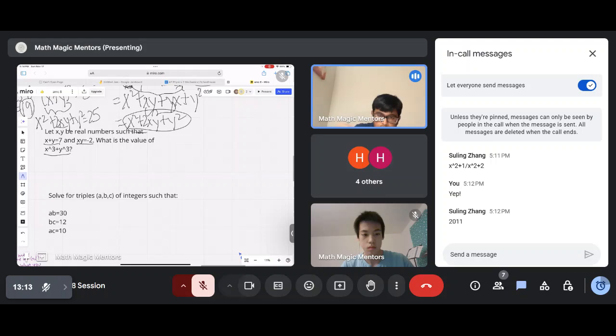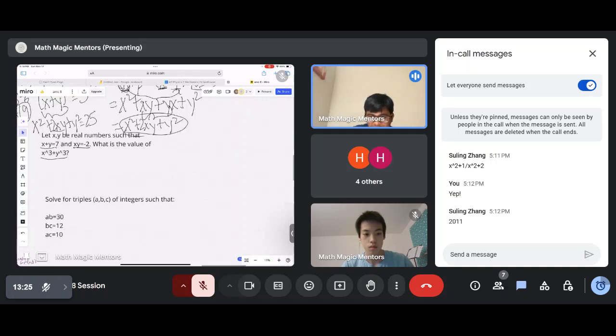If this was x squared plus y squared, we would have found the expression easily using the above identities. But now we don't really have an identity for cubic expressions yet. So what we can try is cubing this expression and seeing if that leads somewhere, because I see the sum of two different cubes.